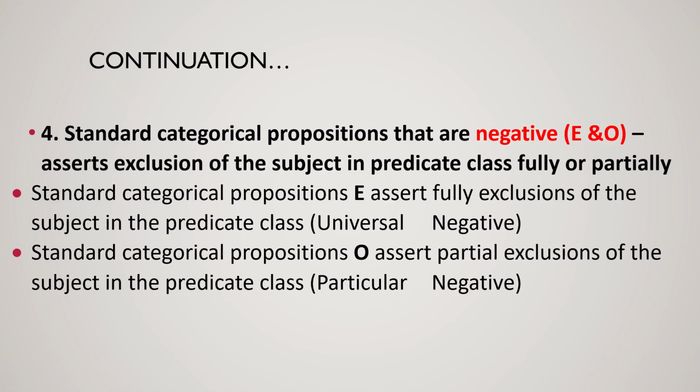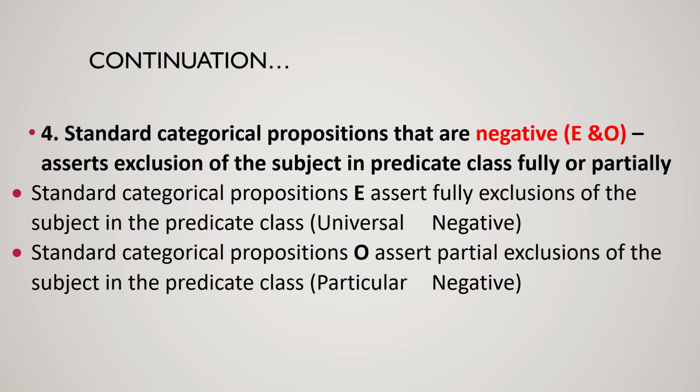For example, no S are P, so the subject has been fully excluded from the predicate class, whereas O, which is some S are not P, asserts that some members of the subject are not included in the predicate class.